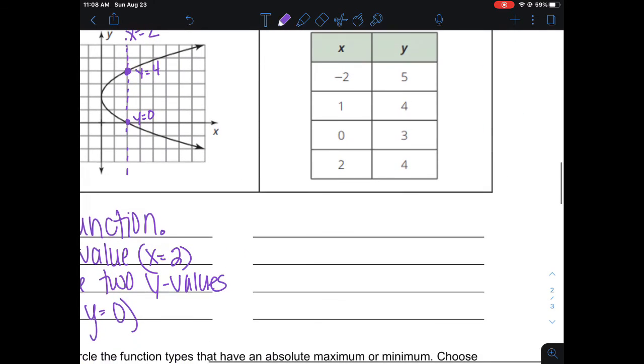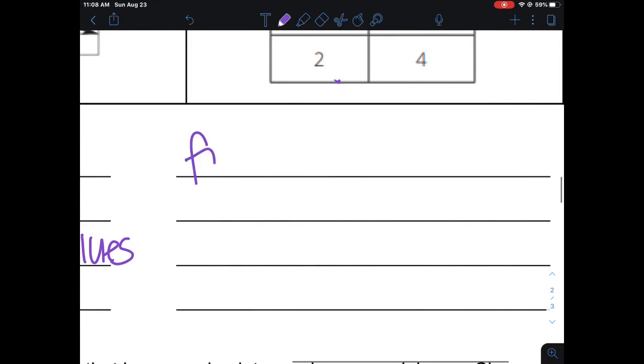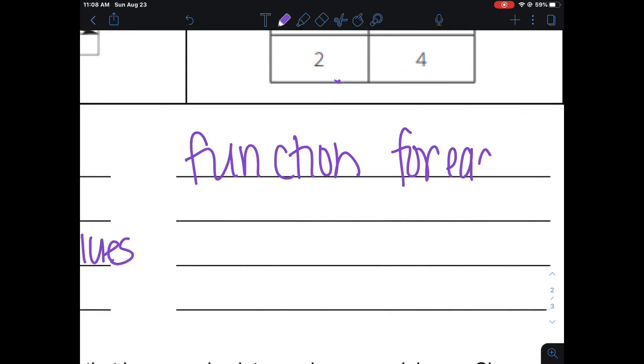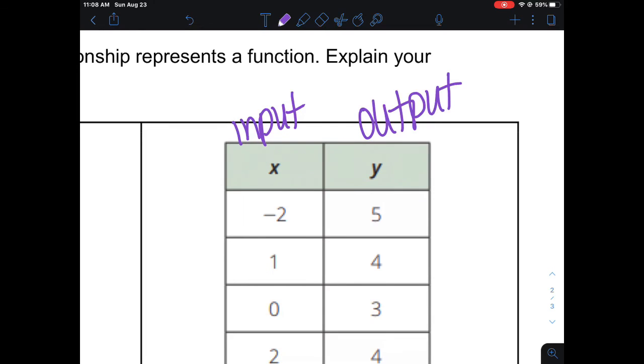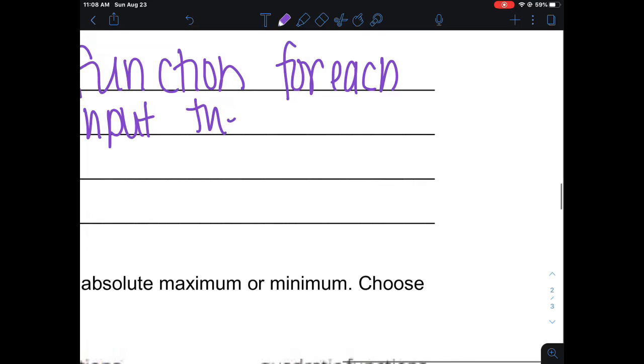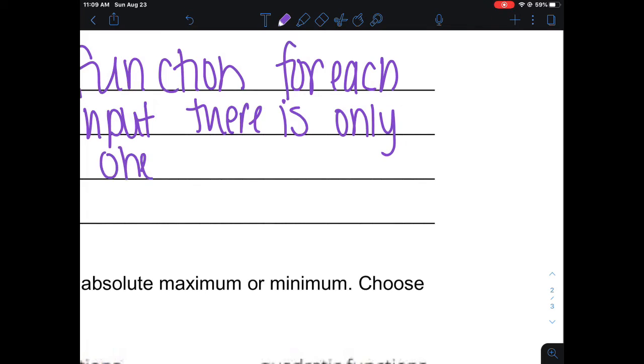The second one, which was a chart, this one, x equals -2, y equals 5. 1 to 4, 0 to 3, 2 to 4. Yeah, this one is a function. Because for each input, remember, x's are our input, y's are our output. So for each input, there is only one output.